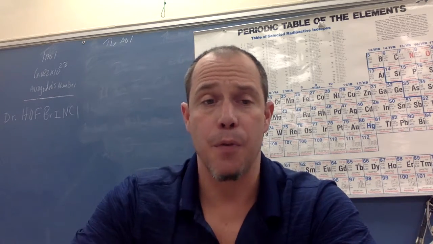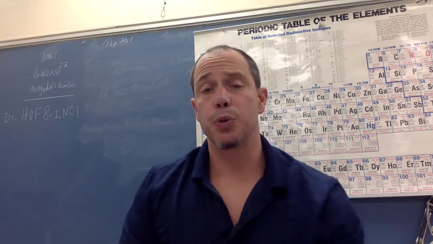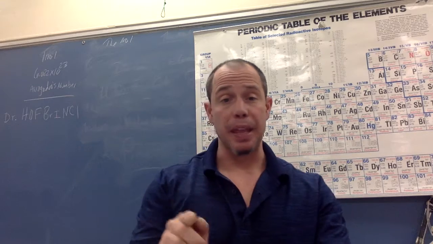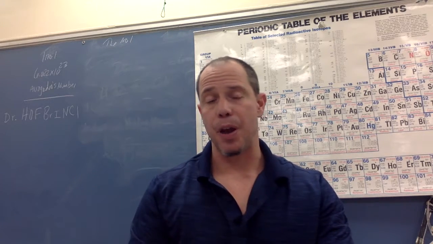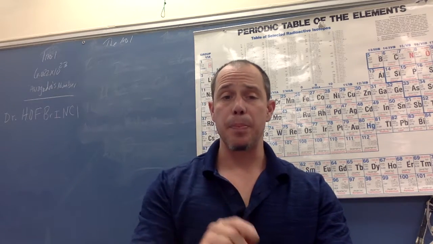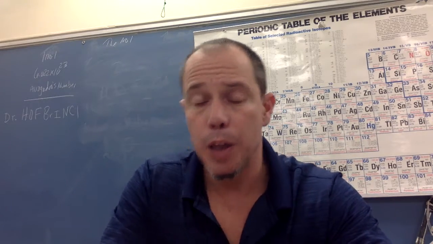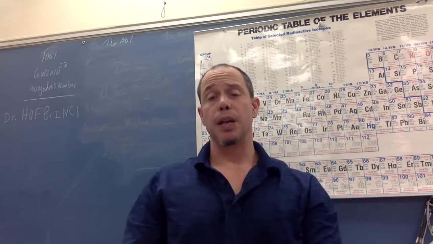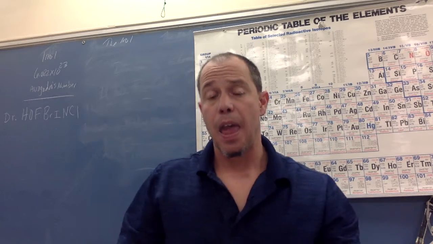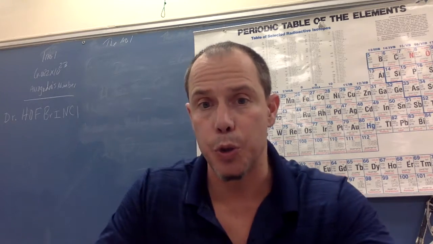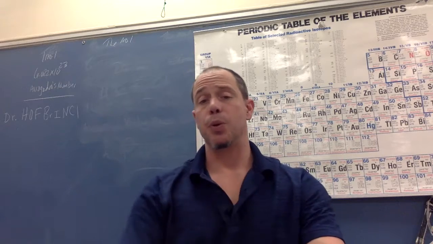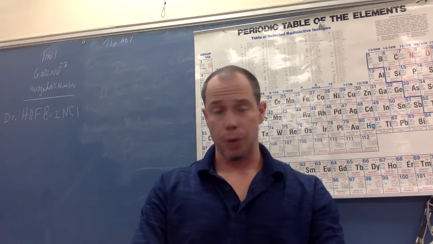A little bit of background information about the mole first. So that number 6.022 times 10 to the 23rd is the mole, and it is Avogadro's number. That being said, if I tell you I have 1 mole of elephants, you would tell me I have 6.022 times 10 to the 23rd elephants. If I told you I had 1 mole of sodium atoms, you would say I have 6.022 times 10 to the 23rd sodium atoms.